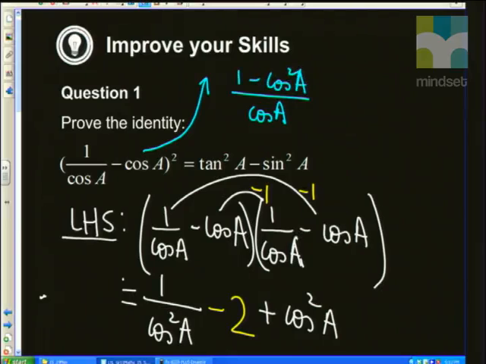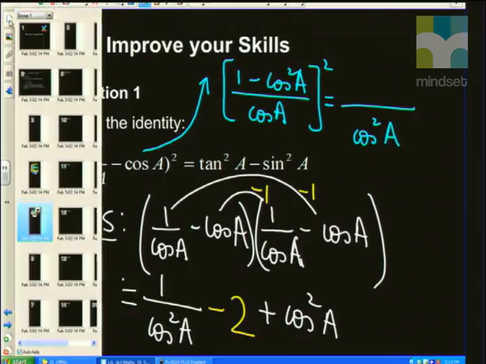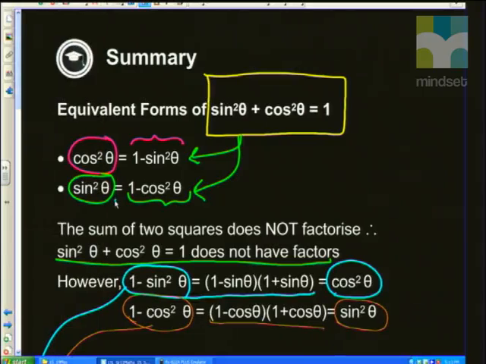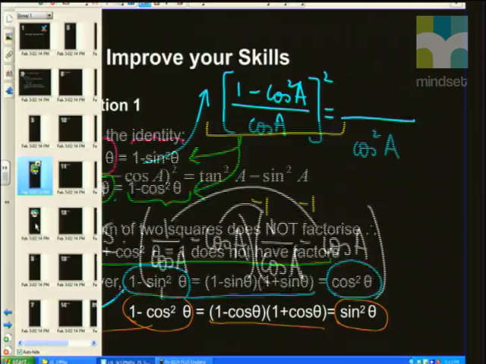And then I need to square everything, which lands up to be, if I look at this version now, a denominator that's got a cos squared A, and a numerator that's got a 1 minus cos squared A. Now, from our notes, do you remember, 1 minus cos squared A is sine squared A. So have your notes next to you just to confirm.